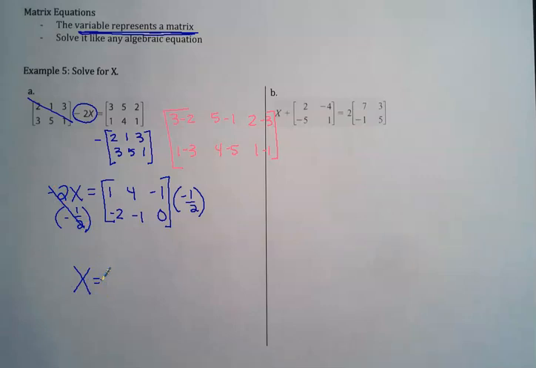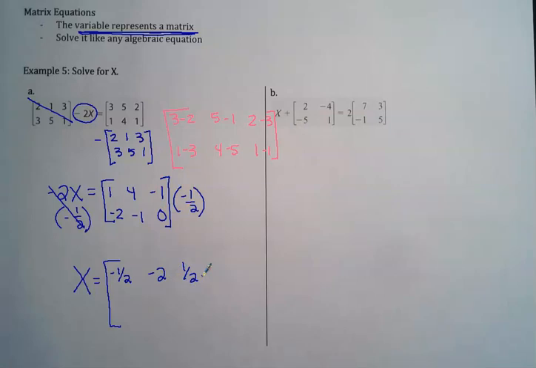So we're almost done. We're solving for matrix X. All right, this time I'm going to go without doing the work. What's negative 1/2 times 1? Negative 1/2. What's negative 1/2 times 4? Negative 2. What's negative 1/2 times negative 1? Negative times a negative is a positive, so now we have a positive 1/2.